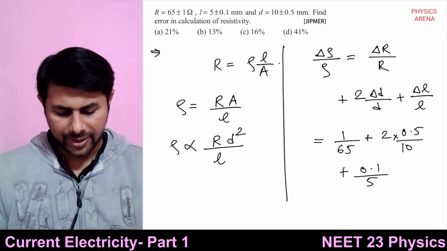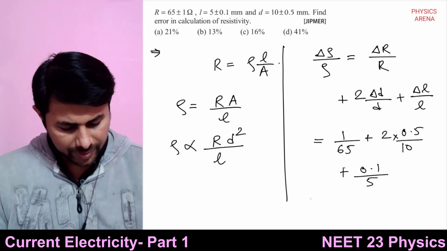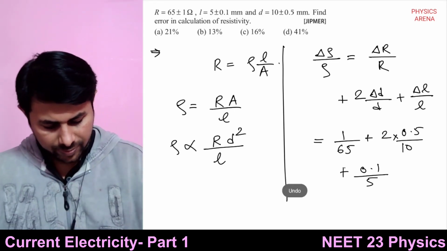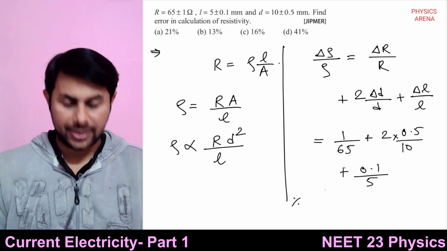We can multiply it by 100 because we want percentage error in resistivity.